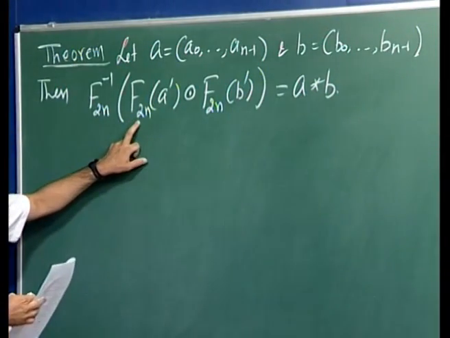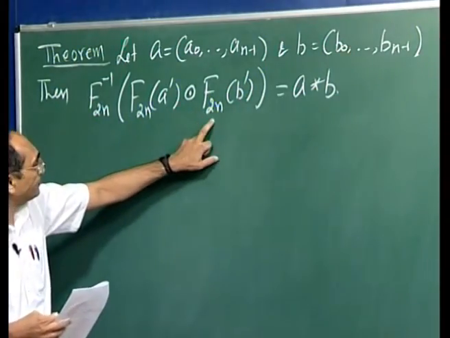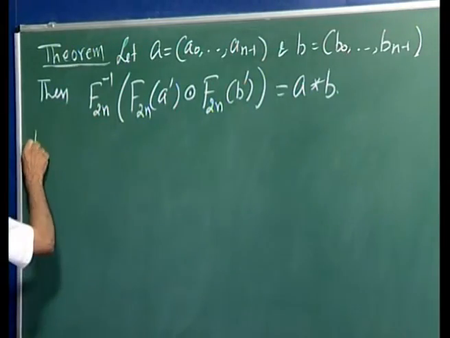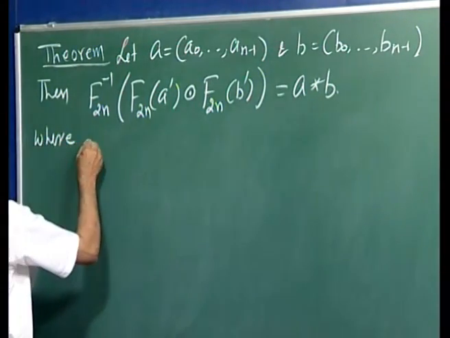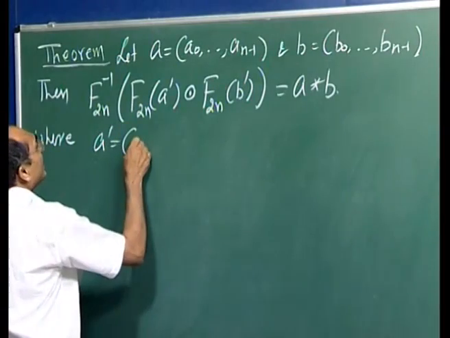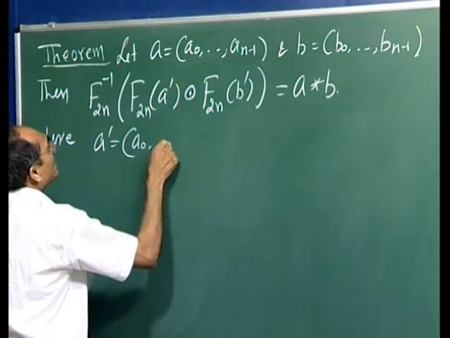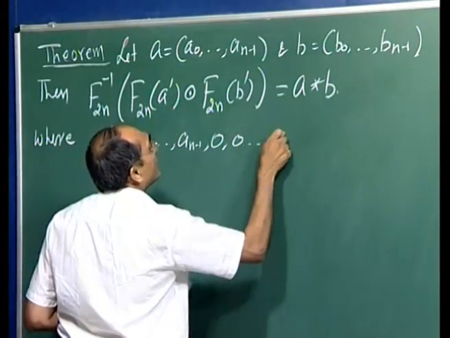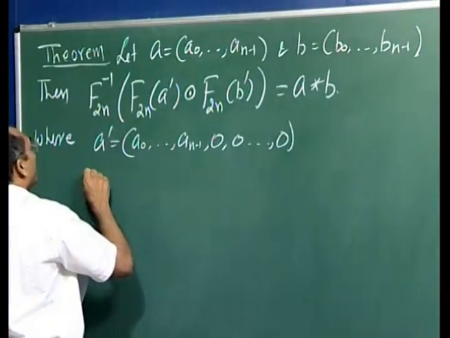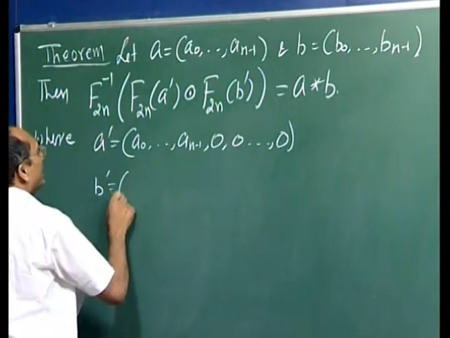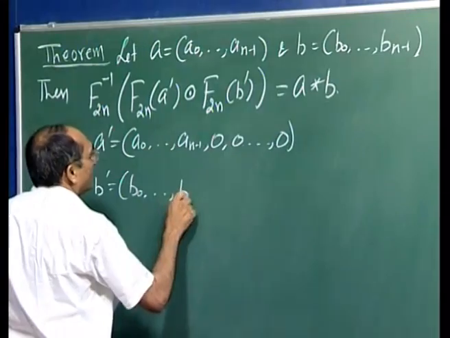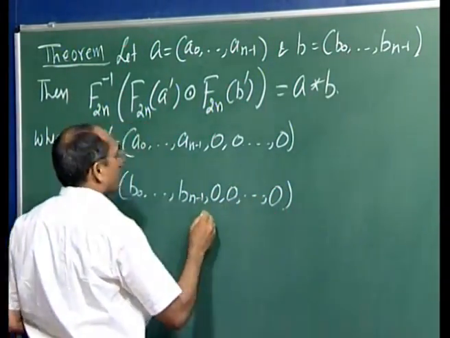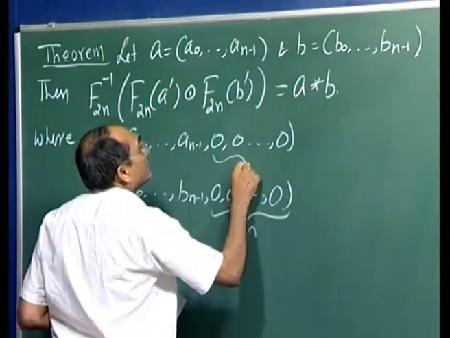This is Fourier transform of size 2n. So, is this. Now, what is A prime? As we had done earlier, A prime is A0 through A_{n minus 1} padded with n zeros, and B prime is similarly defined, so these are n zeros.